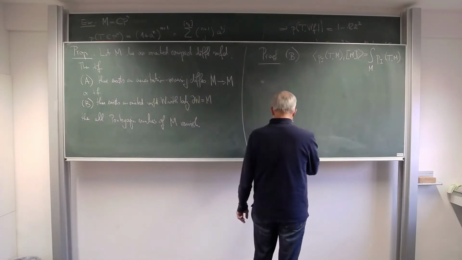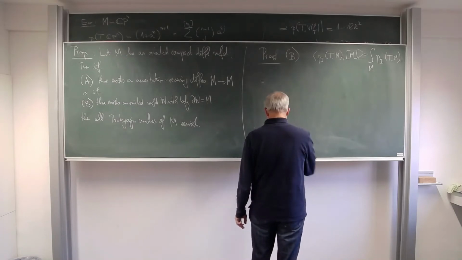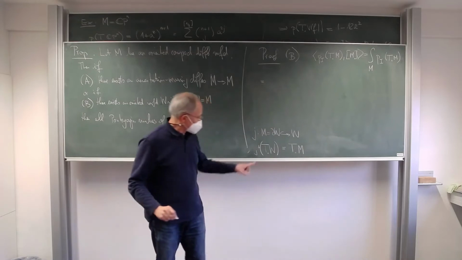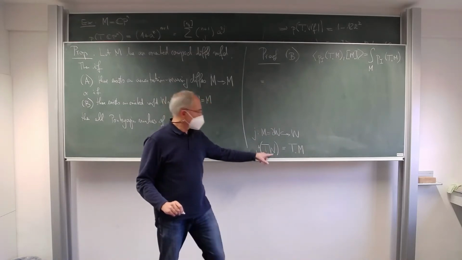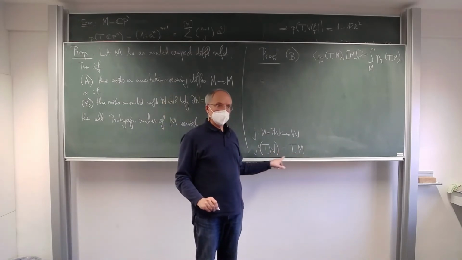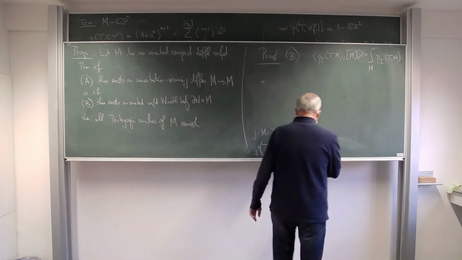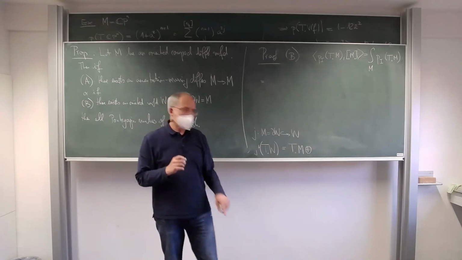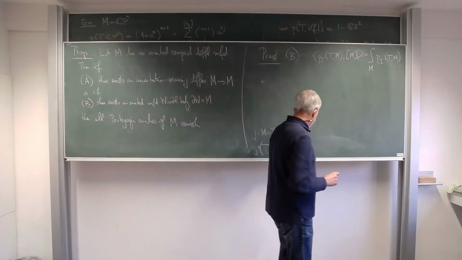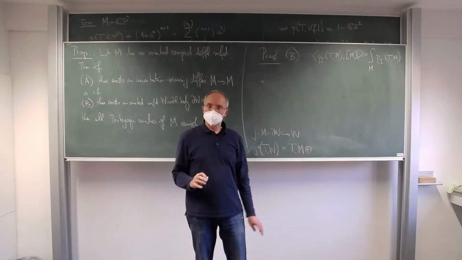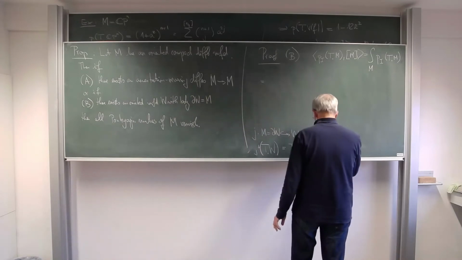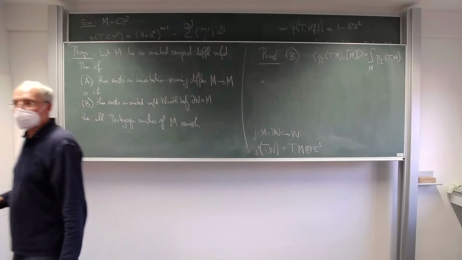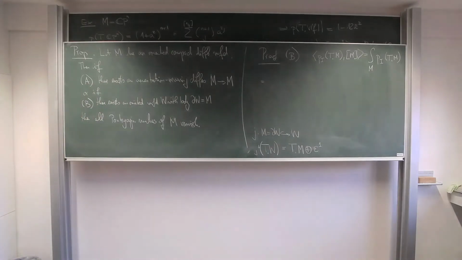I get the tangent bundle of M, but that doesn't have the correct rank, right? This has rank n plus 1, this has rank n, so it cannot be the same thing. But in fact, there is something missing here, namely the normal bundle to the boundary. And the normal bundle to the boundary is something trivial. It's a trivial rank 1 bundle. Let me use the notation epsilon to the k for the trivial bundle of rank k.